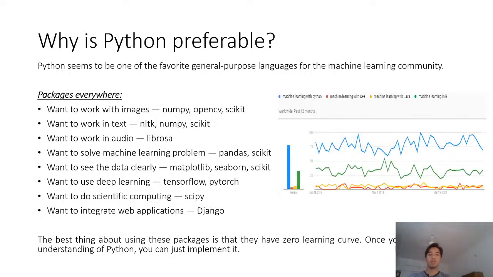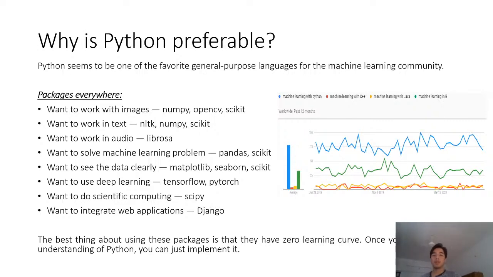All right. So as you can see, this is the Google Trends for machine learning with different languages. And as you can see, Python is by far the most used language for machine learning.